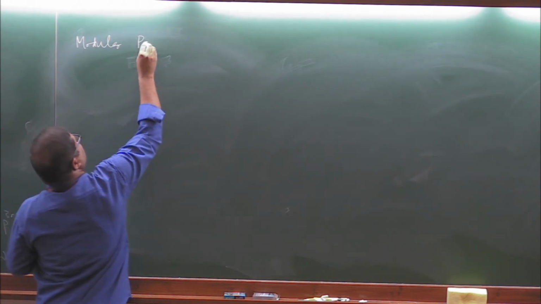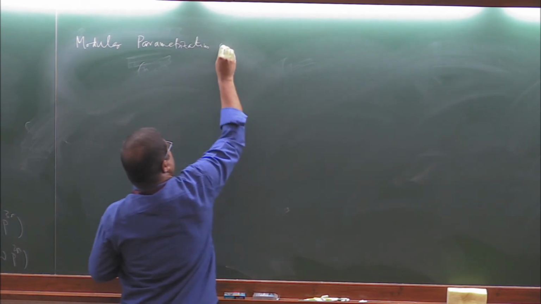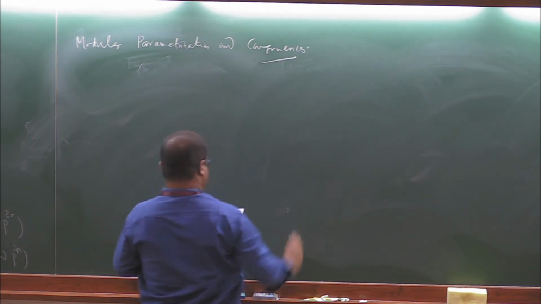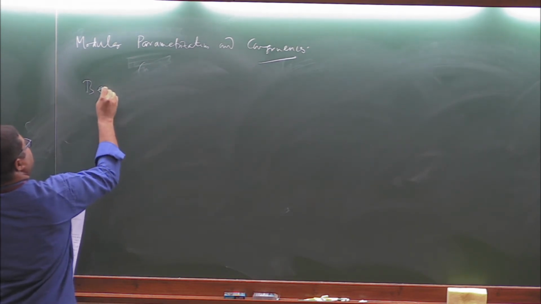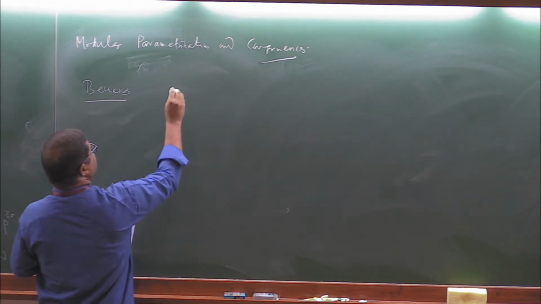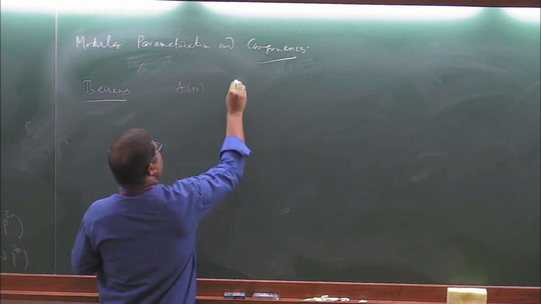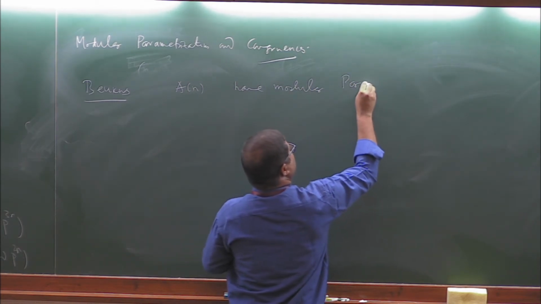Okay, so this I call modular parameterizations and congruences. Beukers proved that the numbers A(n) have modular parameterizations. What do I mean by that?